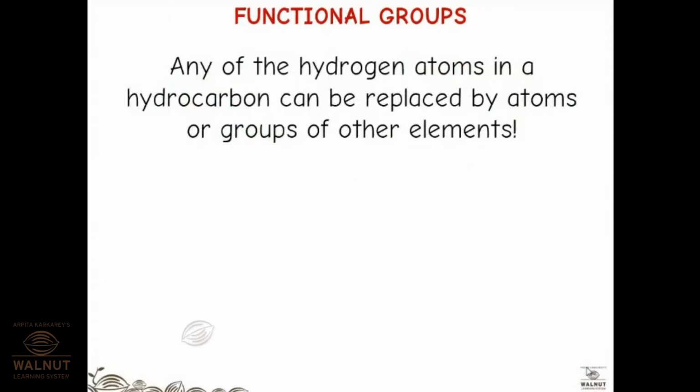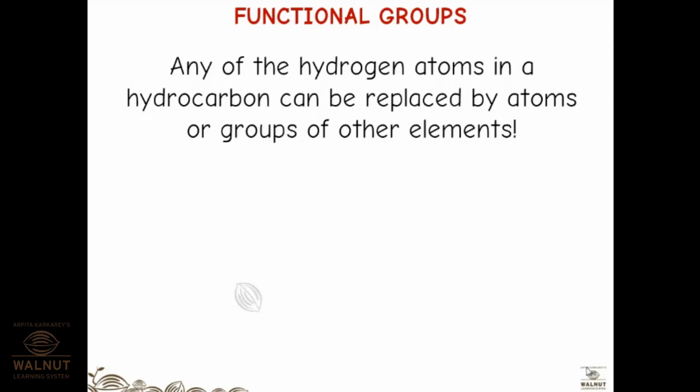Any of the hydrogen atoms in a hydrocarbon can be replaced by atoms or groups of atoms of other elements. You have seen methane, CH4. All the atoms attached to that carbon were hydrogen only. That is why we were calling it a hydrocarbon, because it is composed of hydrogen and carbon. But it is not always necessary.